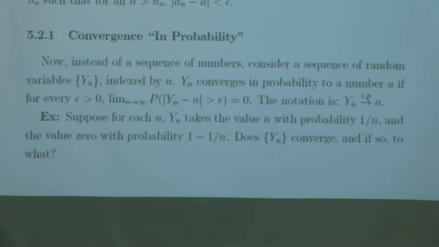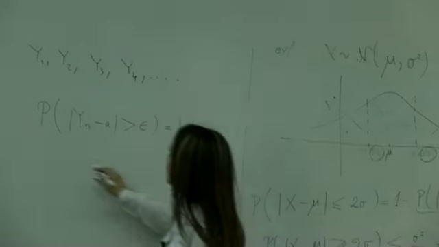Now, the probability that |Yn minus a| is bigger than epsilon is a number, b sub n, because it's a probability. It's a number between 0 and 1. So I have a sequence of bn's.